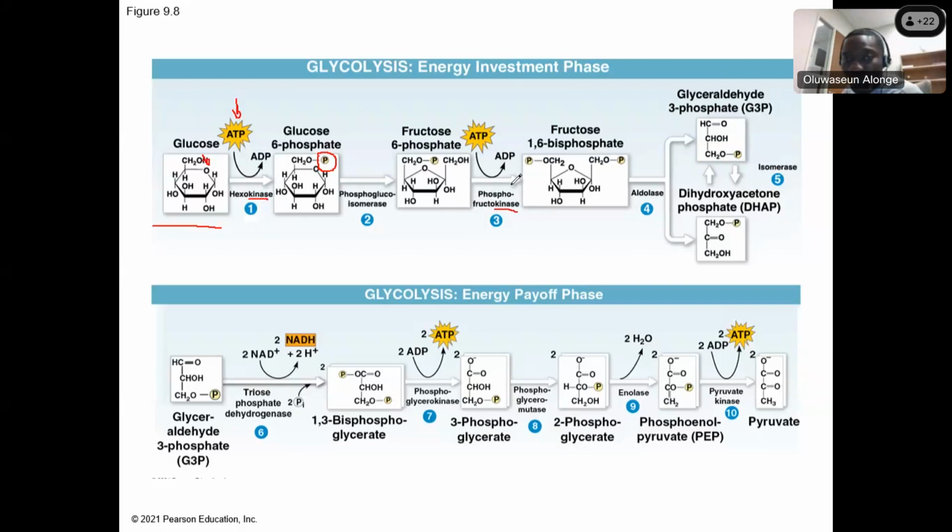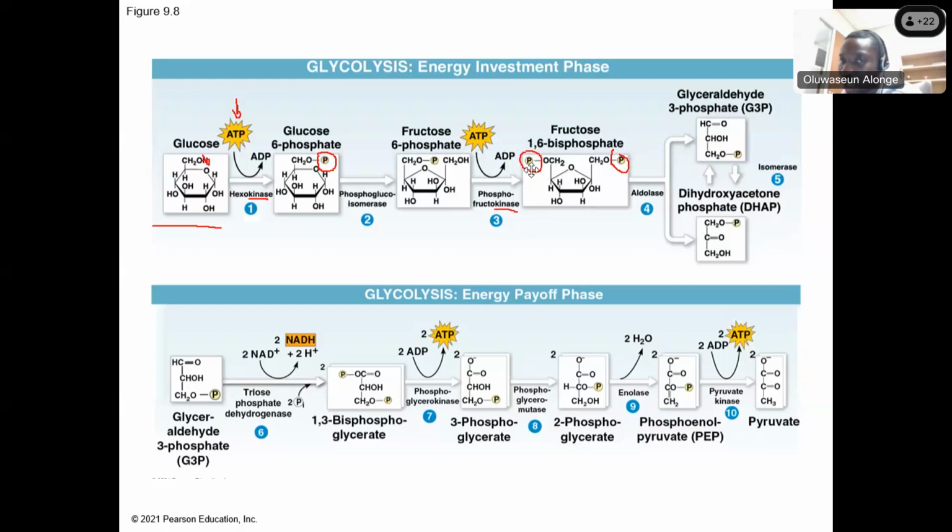Now, ATP then comes, the enzyme phosphofructokinase. ATP is there. Now you notice another phosphate is added again to this molecule, and now it became another phosphate here. 2 phosphates now on this molecule. So it became fructose 1,6 because this phosphate is on carbon 1 and this phosphate is on carbon 6.